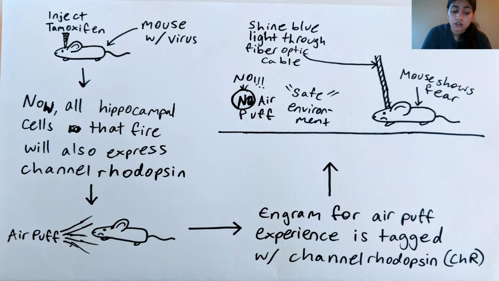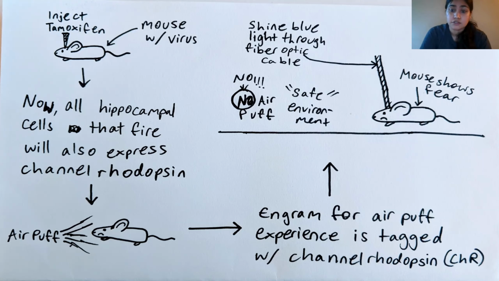And since this was all in the presence of the tamoxifen substrate, Cre-recombinase was able to cut out junk DNA, blocking the channel rhodopsin gene, and then the channel rhodopsin was expressed in all of the cells that were active during this experience. In the hippocampus, these cells would be the engram for that experience. So now we have tagged the specific group of cells that represent and can trigger an episodic memory with this. We've tagged this group of cells with the light activated ion channel.